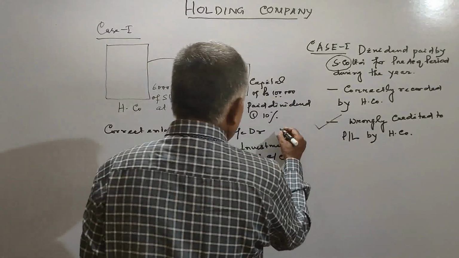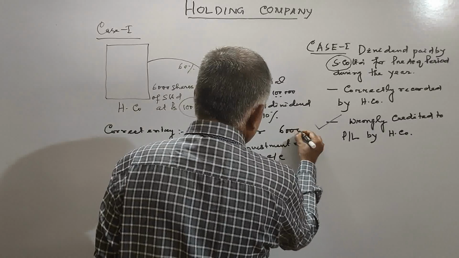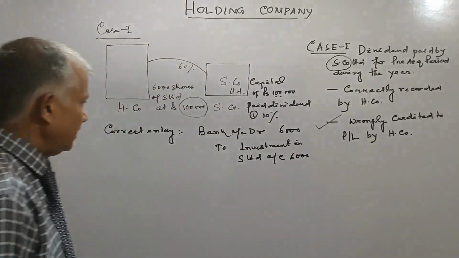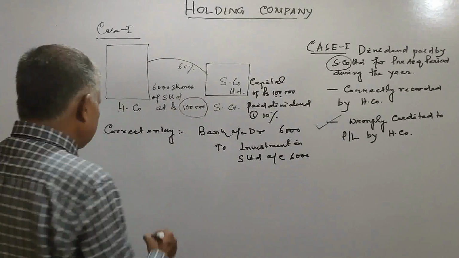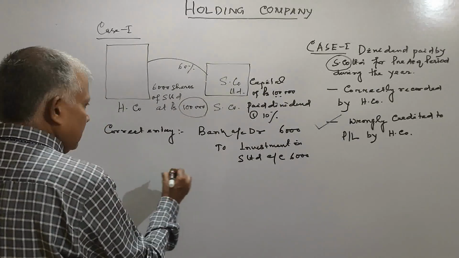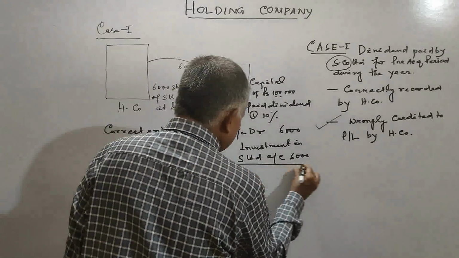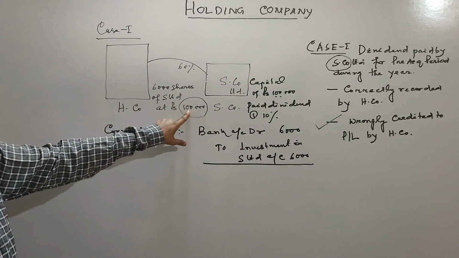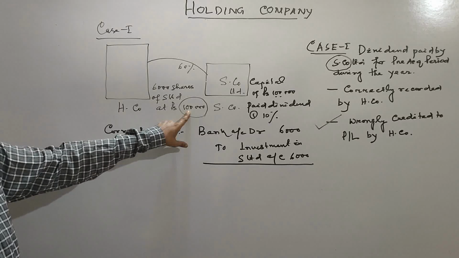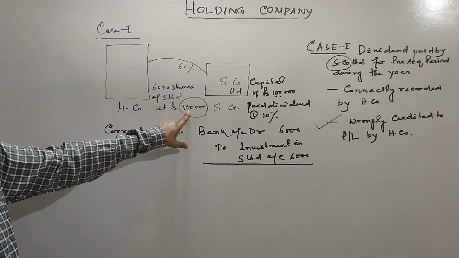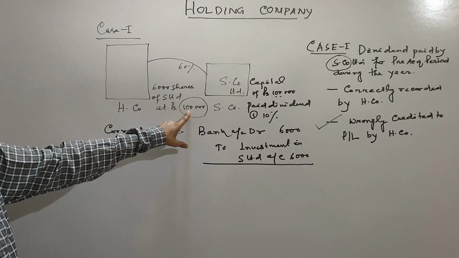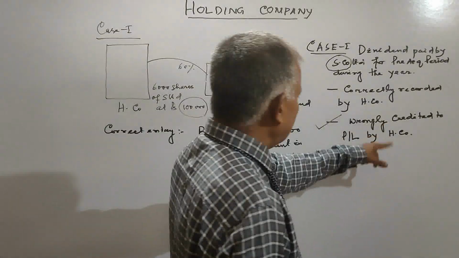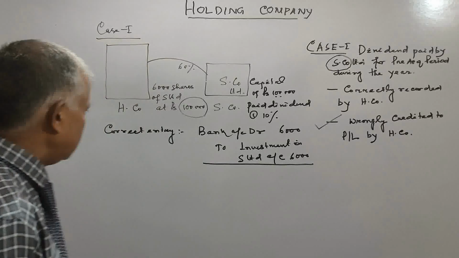Therefore, this is an example, this will be 6,000 and 6,000. This is the correct entry. The investment will be reduced by 6,000 in the books of the holding company. But generally, you will face this situation, wrongly credited to PL.